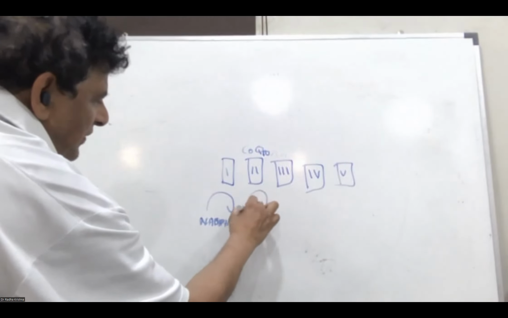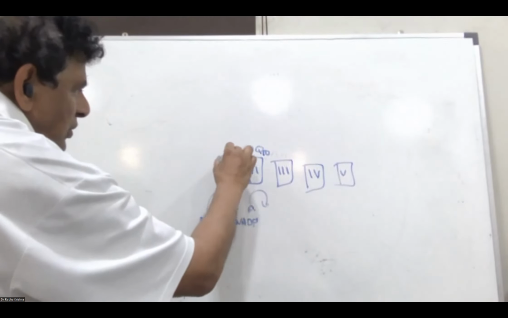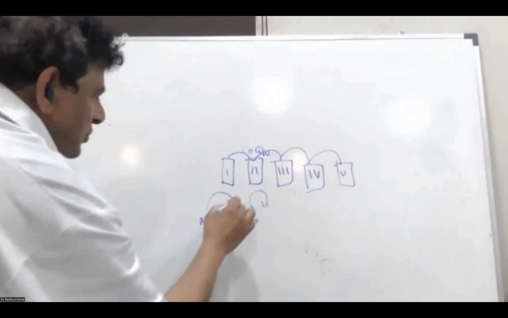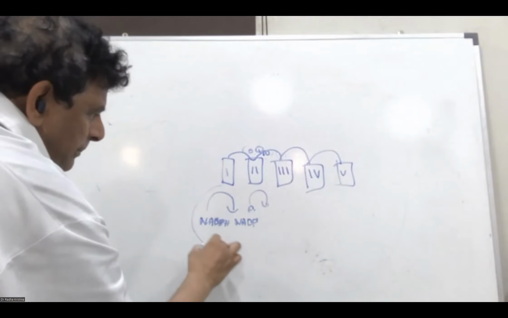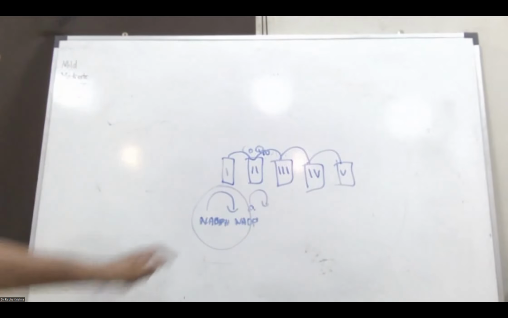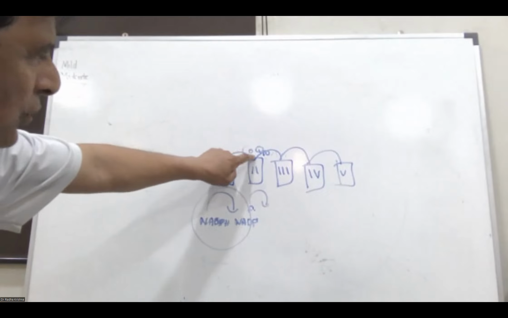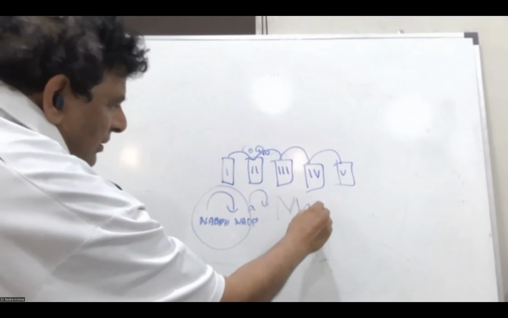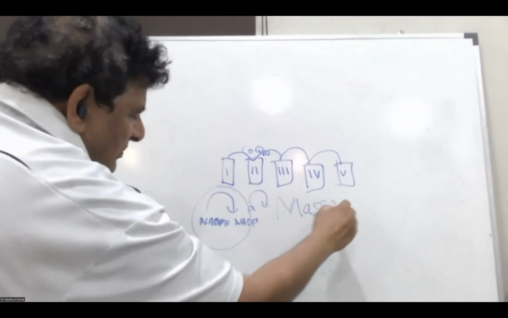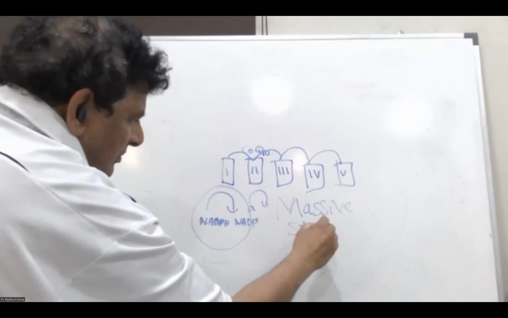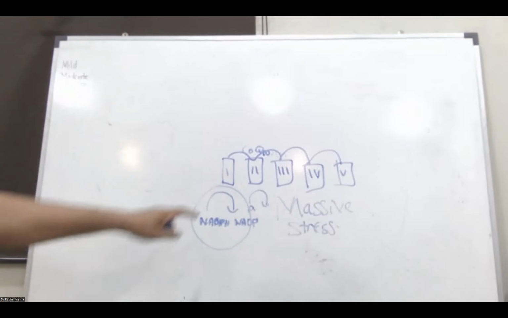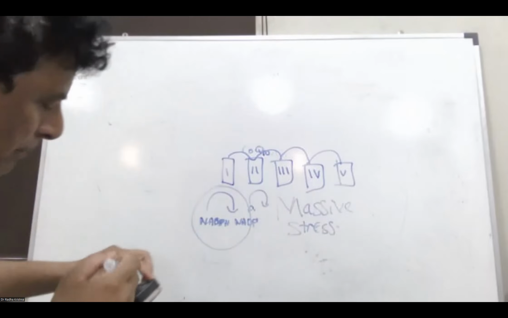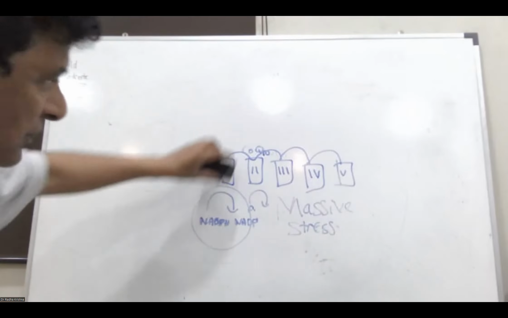Here you have FAD. So there's a molecule that has to be transferred to here, to here, to here, to here. So there's something that's blocking here. If there's a CoQ10 deficiency, that means there's massive oxidative stress. Okay, that is one. This is directly looking at mitochondria. That means there's a mitochondrial dysfunction.